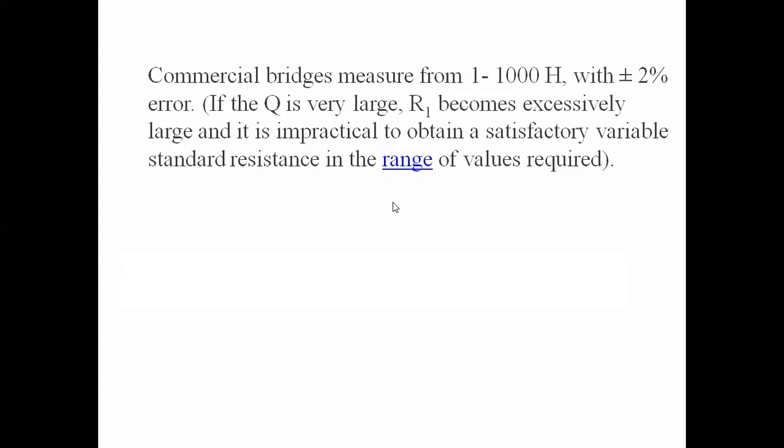That's why the quality factor of the coil should be high. So to get the higher values of Q, in such a situation we have to adjust the R value. The higher values of resistances are required. To get the higher value of resistance or standard resistance is difficult.